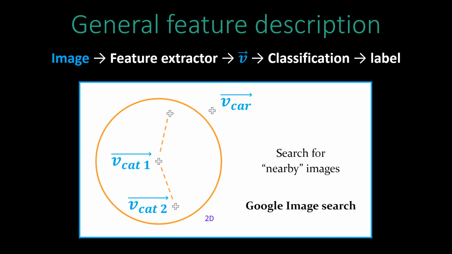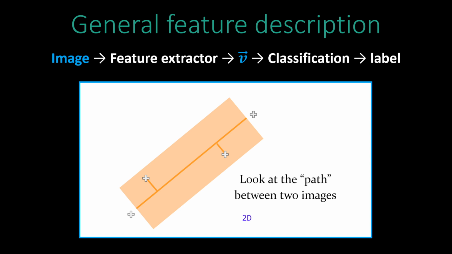This conceptual thinking about feature similarity goes even beyond that. If we had encodings of these images here and here, all of these points are these vectors, right? You can even look at the path between these two images inside that representation space and find what images lie on the same line or very near to the line.